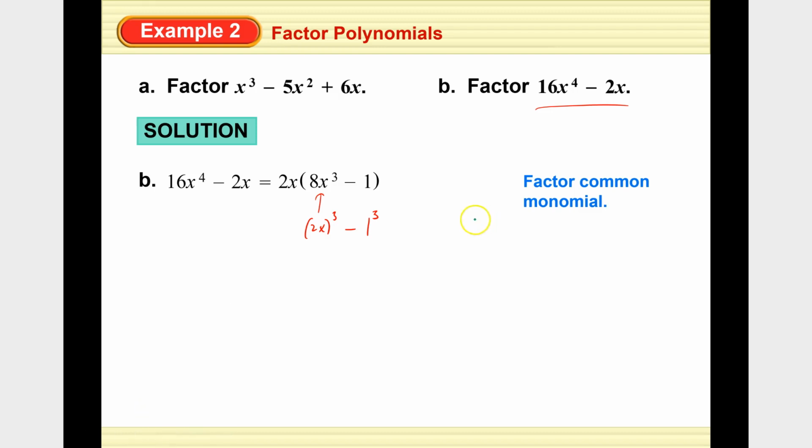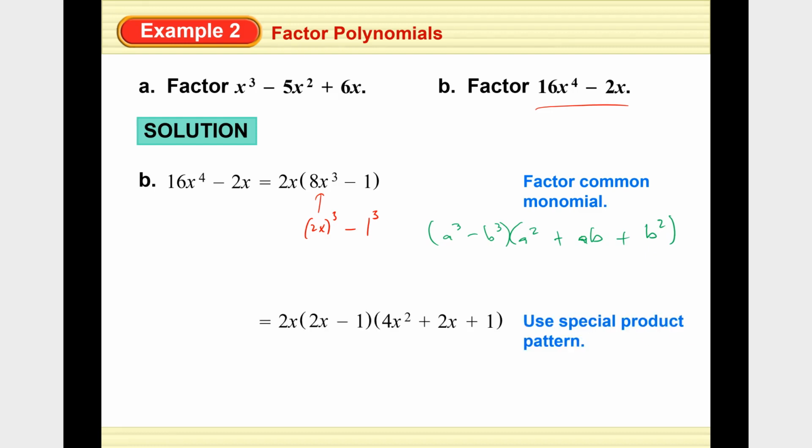Now, for difference of two cubes, remember we have a cubed minus b cubed is equal to (a minus b) times (a squared plus ab plus b squared). So using this pattern, we now have that 8x cubed minus 1 is equal to 4x squared, because this is your (2x) squared, plus 2x times 1, your a and your b, plus your 1 squared, your b squared.